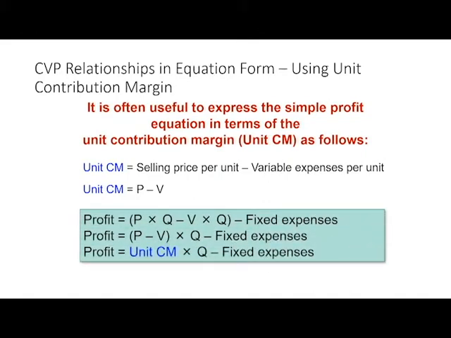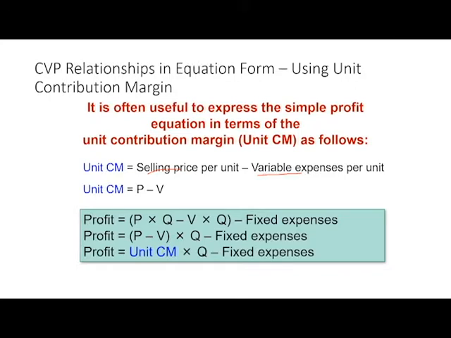CVP relationship in equation form using the contribution margin. It is often useful to express the simple profit equation in terms of the CM. Unit CM is equal to selling price per unit minus the variable expense per unit. So from this equation, there are many options for calculating the profit of the company.